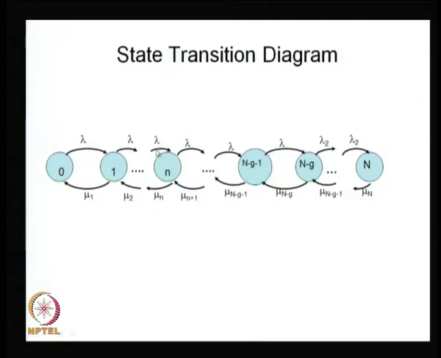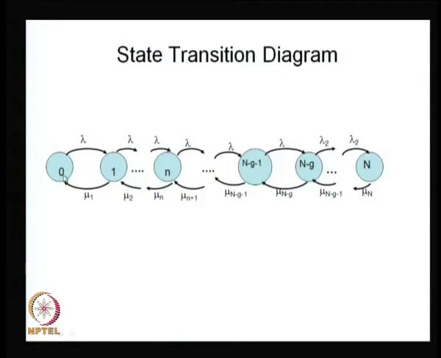Therefore, the birth rates are lambda, whereas for the number of busy channels from n minus g to n minus 1, the birth rates are only lambda 2, because the new calls are blocked. Only handoff calls are allowed whenever the system size is n minus g to n minus 1.